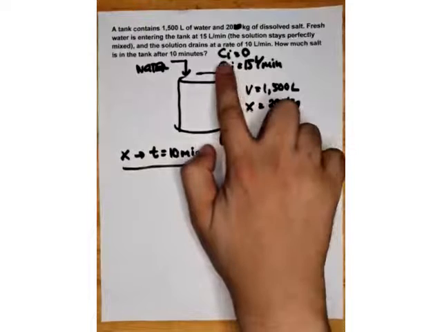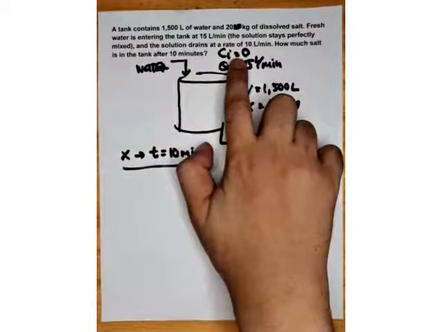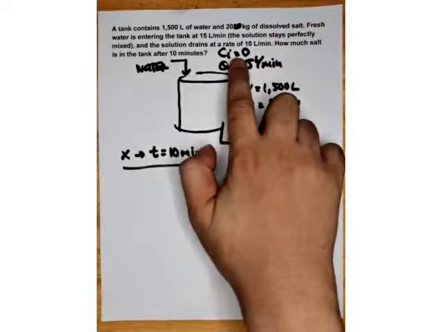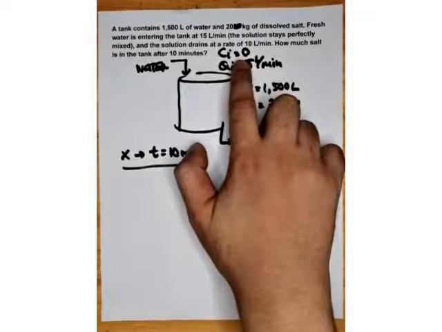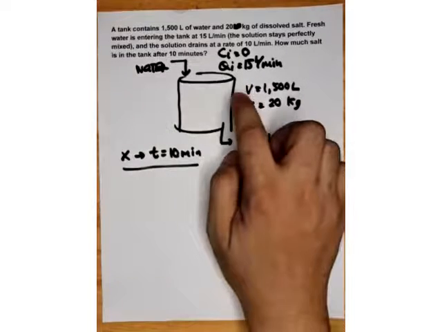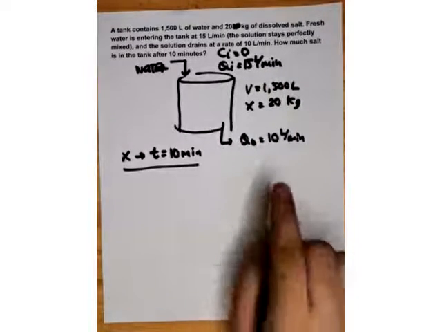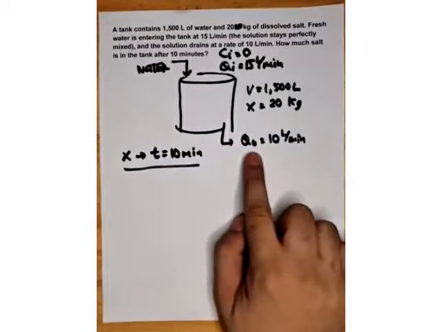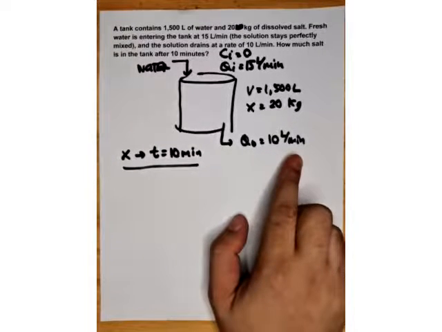So, class, since fresh water ang pumapasok sa tank, yung concentration niya ay zero, since wala siyang X or wala siyang salt. That's always for fresh water. And then yung paglabas ng tubig doon sa tank natin is at 10 liters per minute.